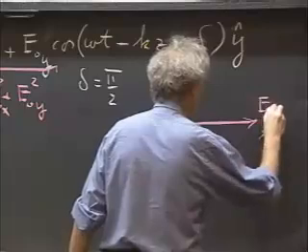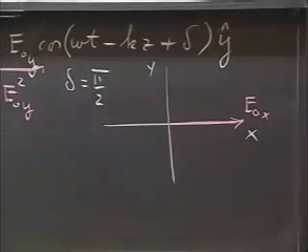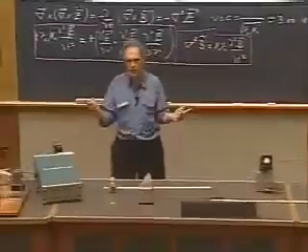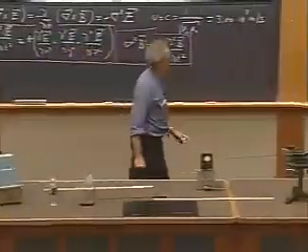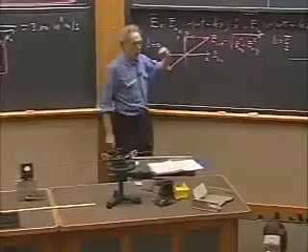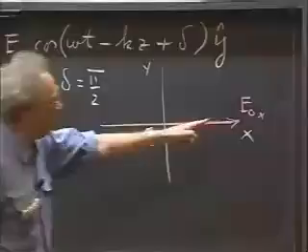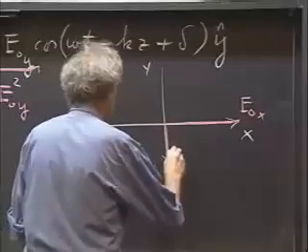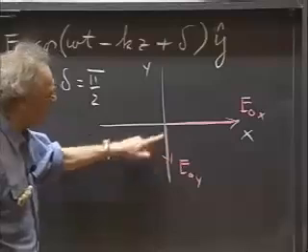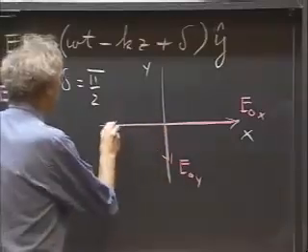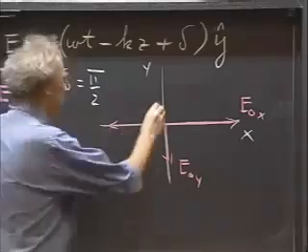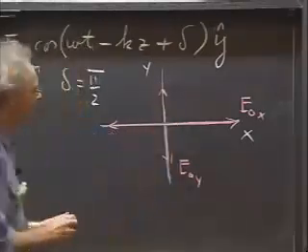So this is the vector, E0x. But now the E vector in the y direction is 0, because they're 90 degrees out of phase. And so if this one reaches a maximum, this one is 0. A quarter period later, this one becomes 0, but now you have here E0y. A quarter period later, this one is back to 0, and now this one is here. And a quarter period later, this one is again 0, and this one is here.